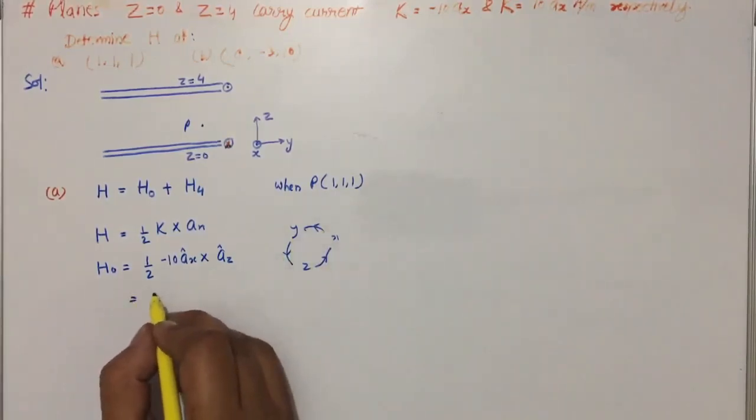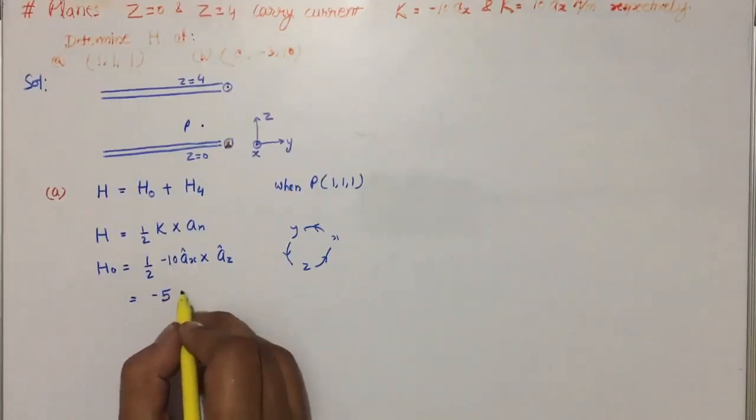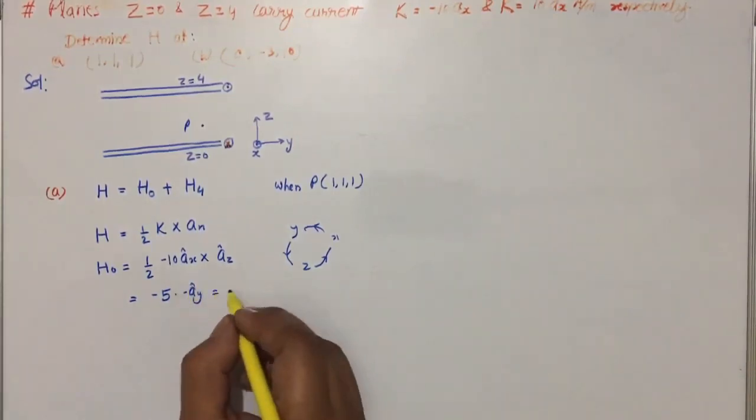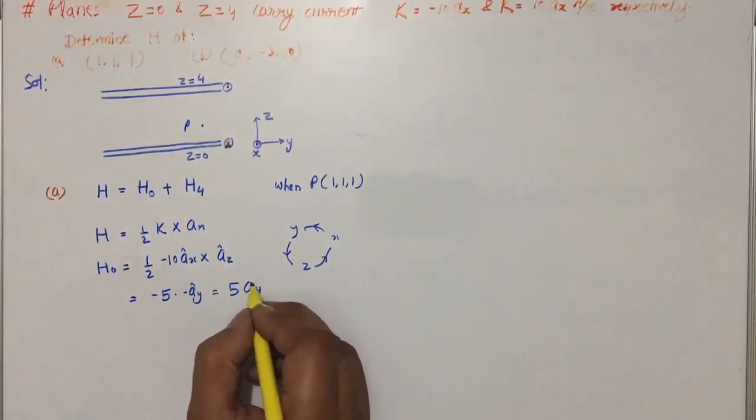So from here we will find minus 5 AX cross AZ, which is minus AY, and from here we will get 5 AY.